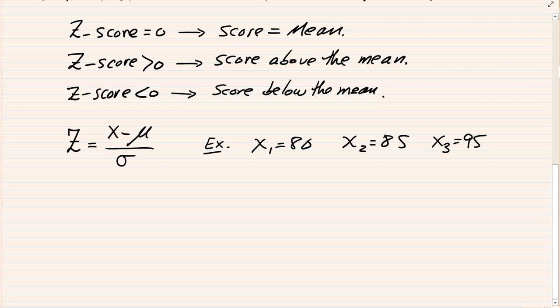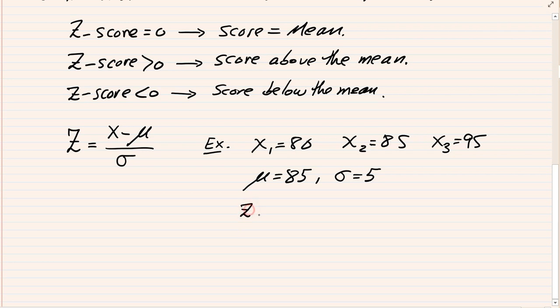All made up. And let's say the average here is actually 85. So now let's actually turn these scores into z-scores. And I make up the standard deviation for simplicity to be 5.